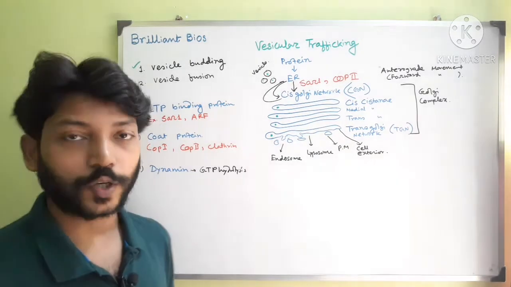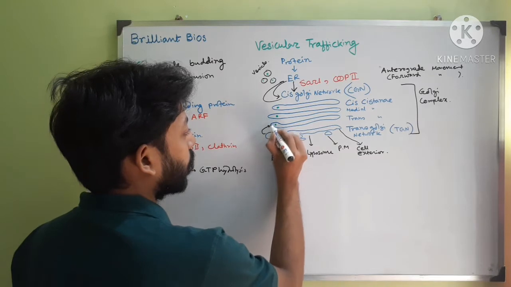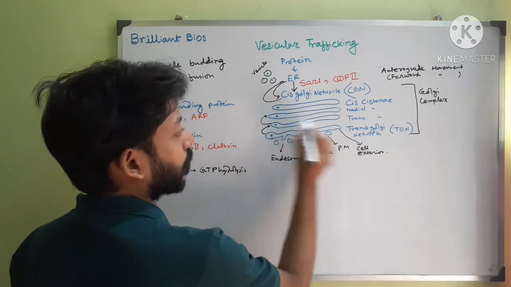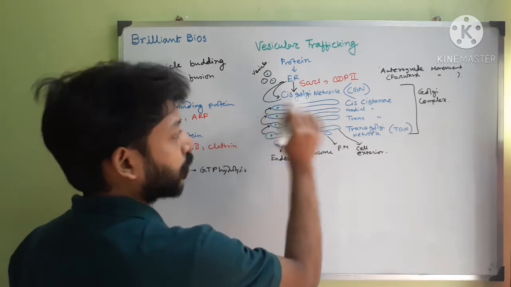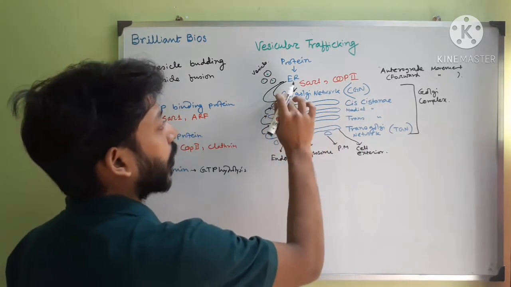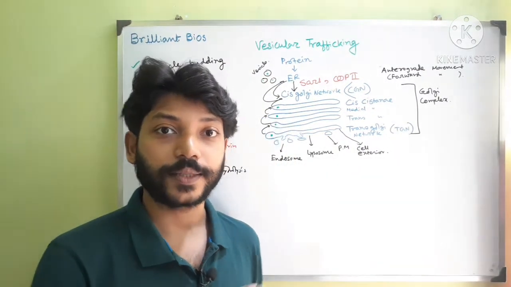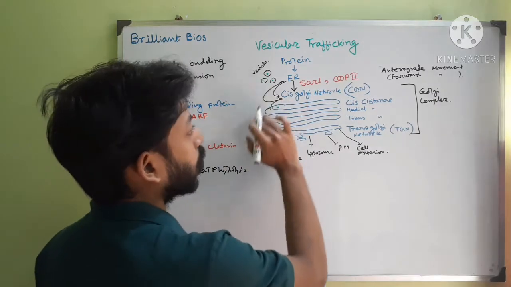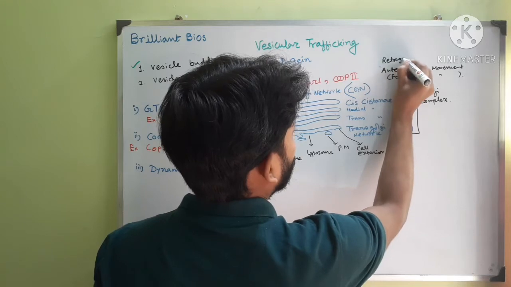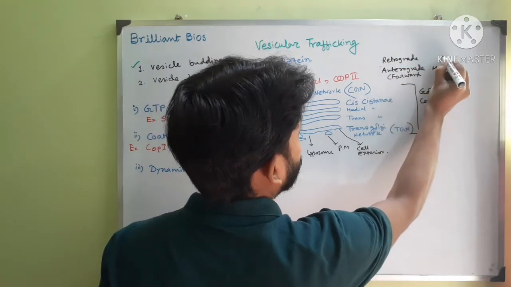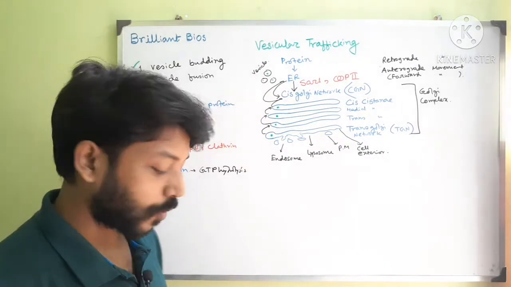Then retrograde movement occurs. This protein will be retrieved from the TGN to the trans, then trans to the medial, from medial to the cis, and then from the cis cisterna ultimately to the ER. This retrieval mechanism is also present in vesicular trafficking. So this is called retrieval, or retrograde movement.